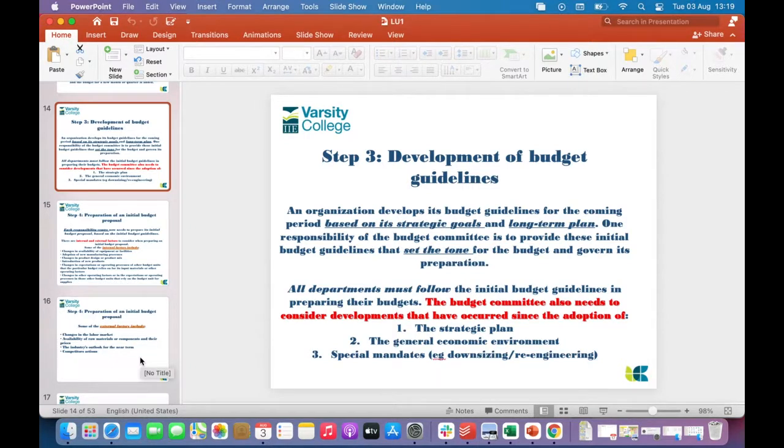But generally the strategic plan needs to be communicated. The general economic environment needs to be considered. Special mandates, okay, are we downsizing? Are we re-engineering our whole structure? What's happening? Okay, so all these things need to be incorporated into our strategic budget, as well as our plans.